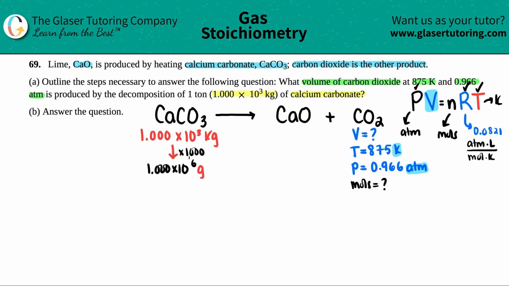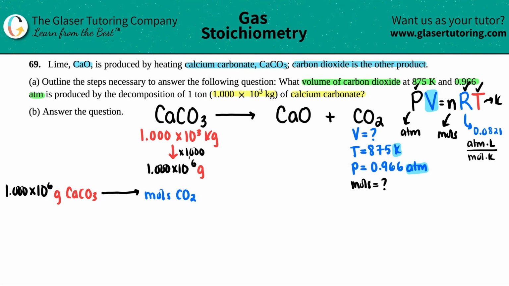So let's write out a little roadmap. I just need to go from 1.000 times 10 to the 6th grams of CaCO3, and I need to get to the moles of CO2. Remember, in order to convert one compound to another, I have to go through the unit of moles.